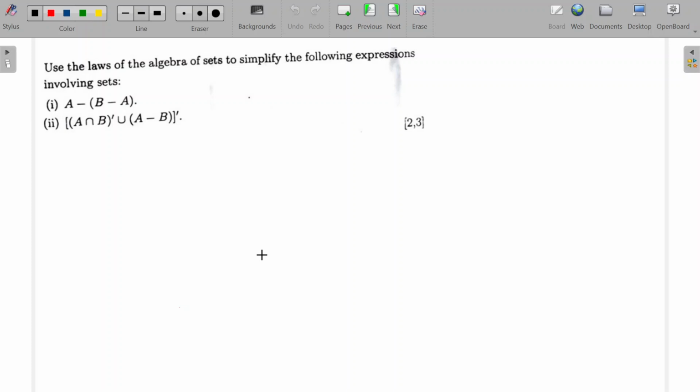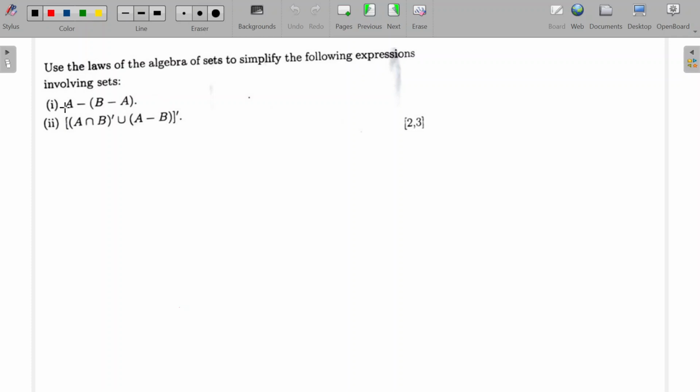Our first question of today asks us to use the laws of algebra of sets to simplify the following expressions involving sets.